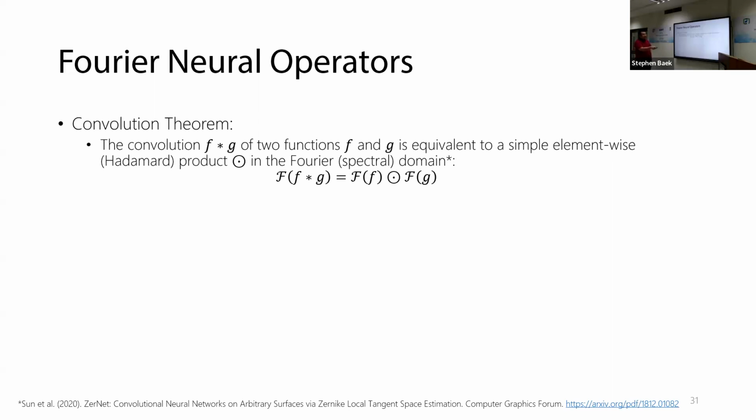The Hadamard product is an element-wise product of those coefficients, and you get a new set of coefficients, which is essentially the Fourier coefficient of the entire f convolved with g.